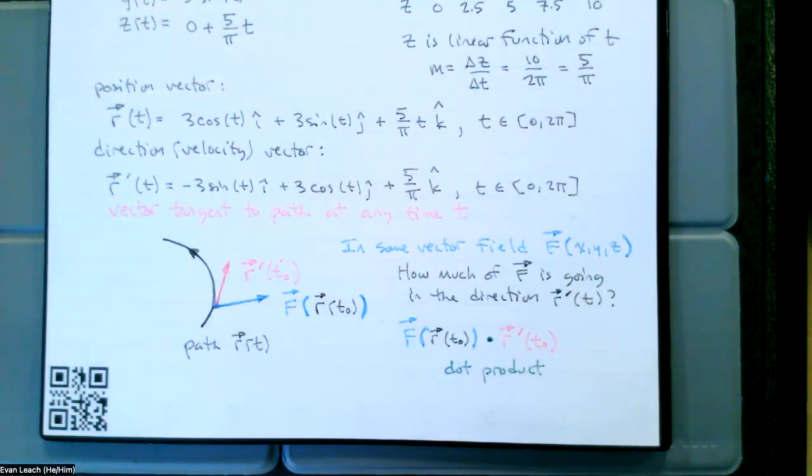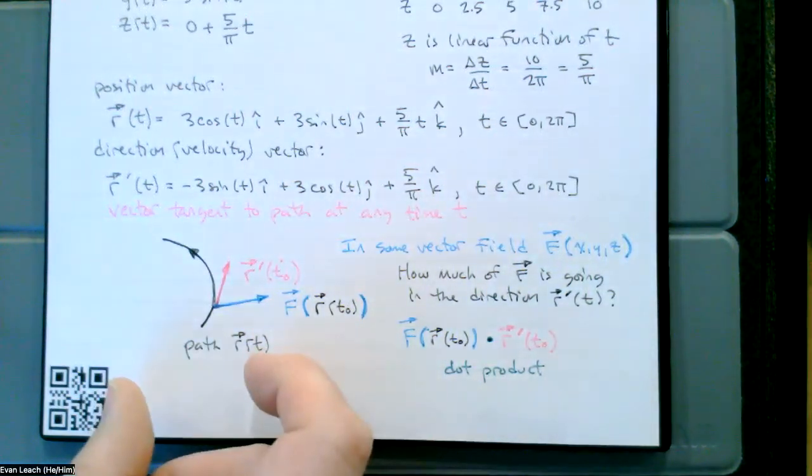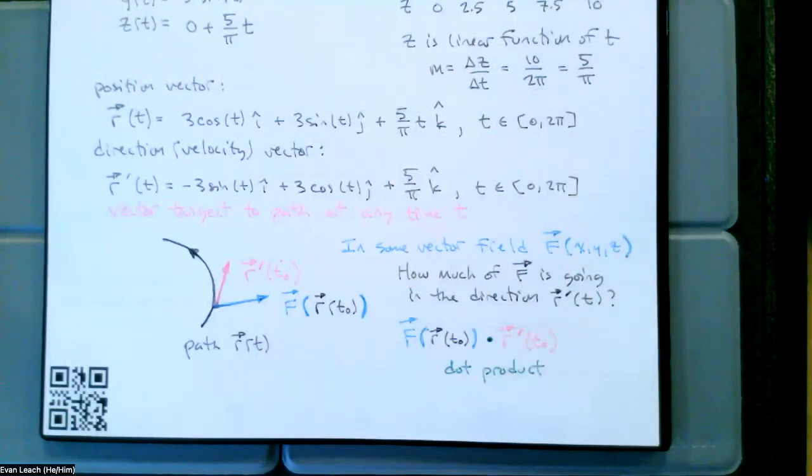All right, so next week, we're going to look at this problem a little bit more. This is the structure. This is how we're interpreting it. We're imagining a path in a vector field. How much of the vector field is in the direction of the path at every single point? Then we're just going to add it up. I should mention that part too. That's the whole thing with integration. Integration is multiplication, but one of the factors is continuously variable.